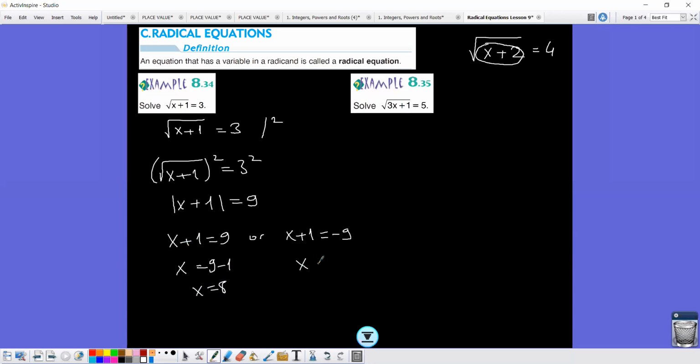In the second one, what will I get? x is equal to minus 9 minus 1. So x is equal to minus 10. Is it okay? Yes, teacher, it's okay.